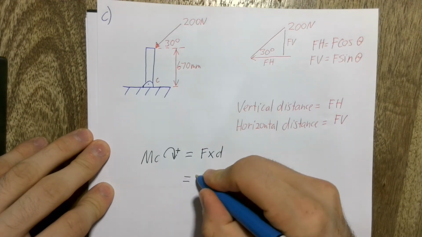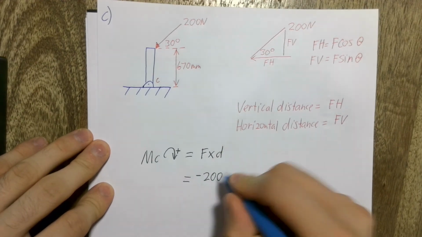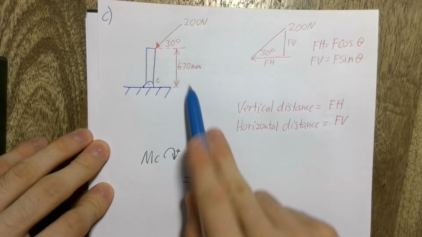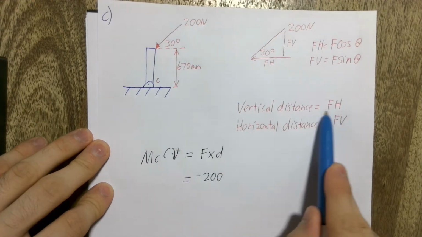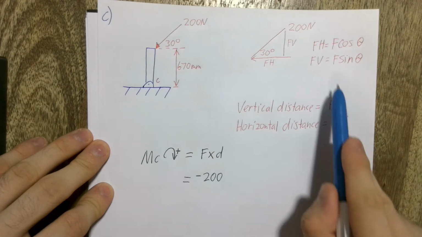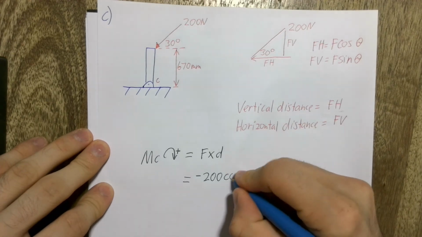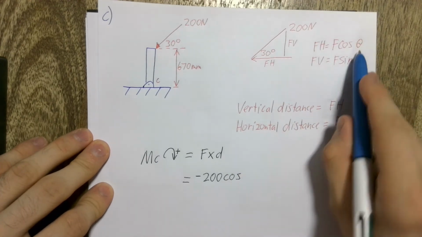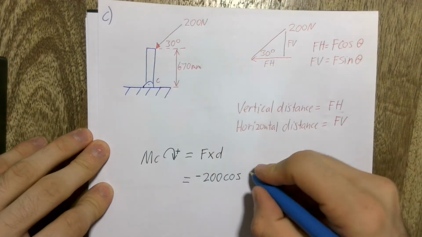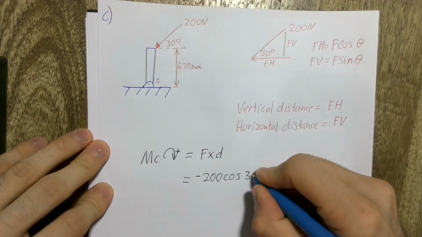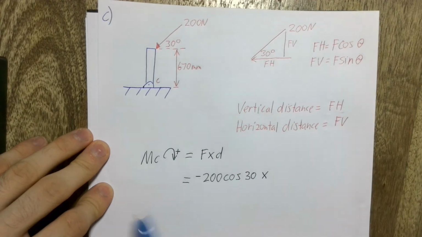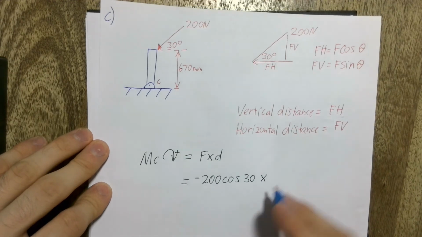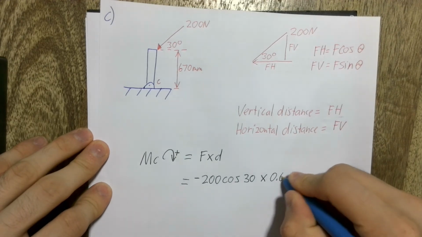So we would add in negative 200, which is our force, and we said this is a vertical distance. So we know, yes, we need to use the force horizontal formula. So that would be multiplied by cos, and the angle is 30. Okay, multiplied by the distance, which is 167 millimeters, so convert that to meters, 0.67.